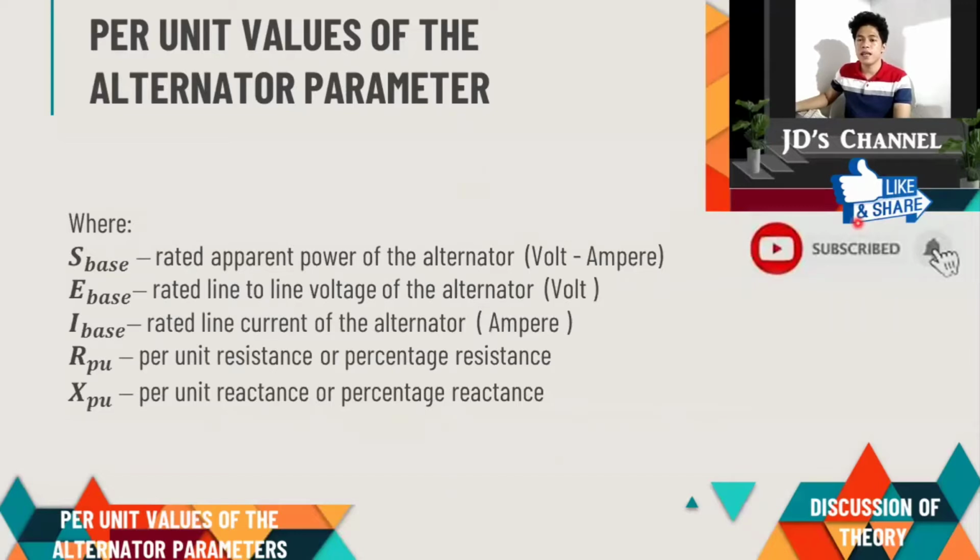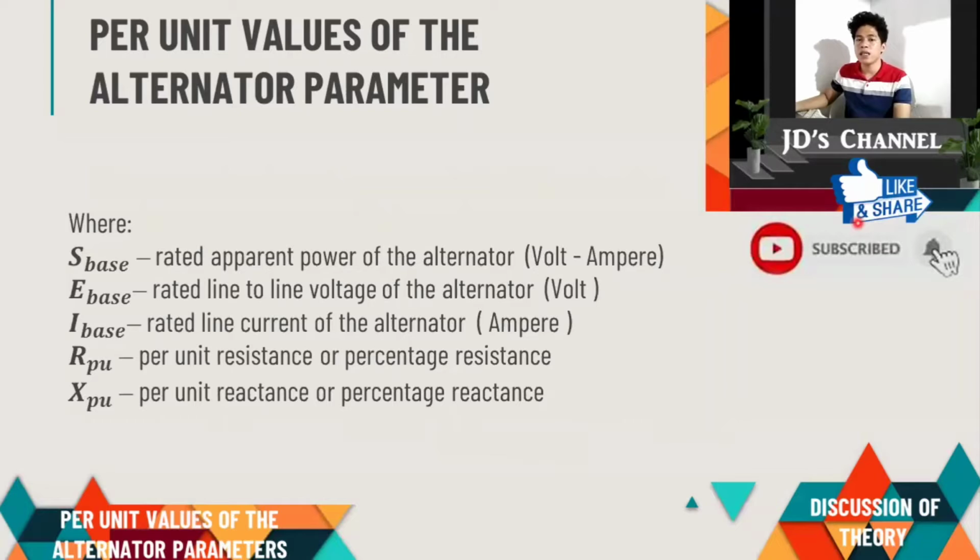Then class, here are the parameters, their meaning, and their units. S base is the rated apparent power of the alternator, that is in volt-ampere. E base is the rated line-to-line voltage of the alternator in volts.